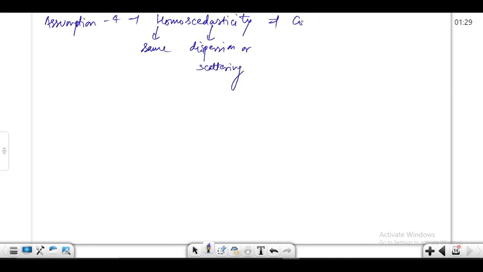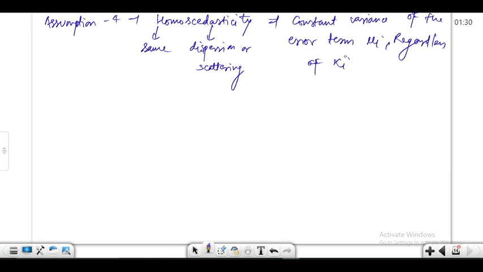So this means constant variance of the error term ui, regardless of xi.